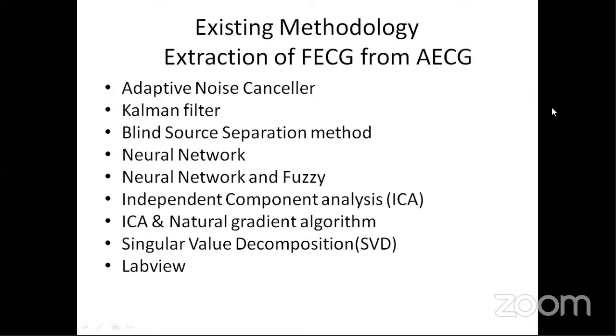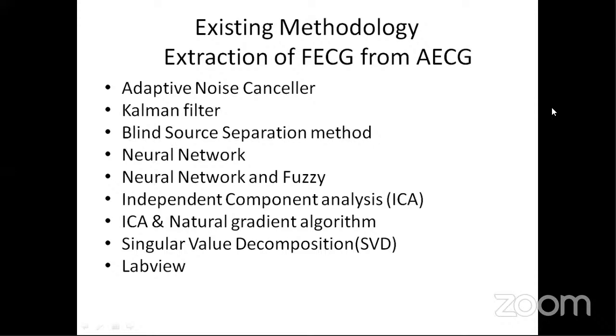I'm going to say what the existing methodologies are to extract fetal ECG from abdomen ECG. This abdomen ECG can be derived from the surface electrodes placed on the mother's abdomen.